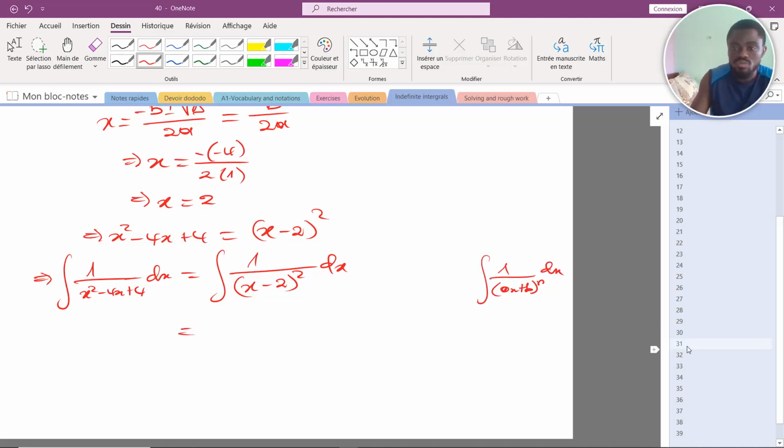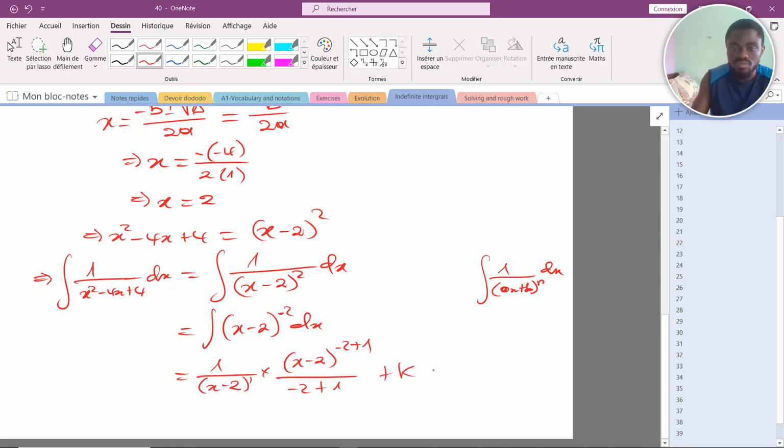So this will be equal to the integral of (x minus 2) to the minus 2 dx. When we integrate this, it is simply equal to 1 over (x minus 2) prime times (x minus 2) to the minus 2 plus 1 over minus 2 plus 1, plus our constant of integration.